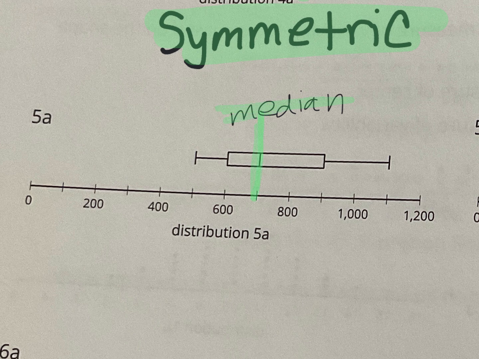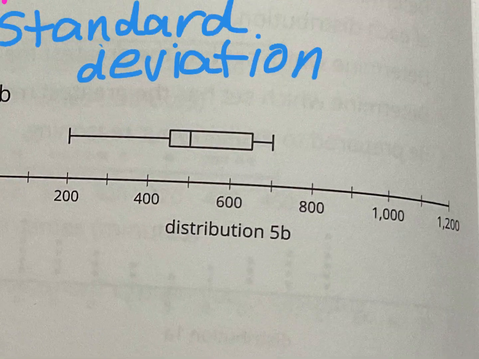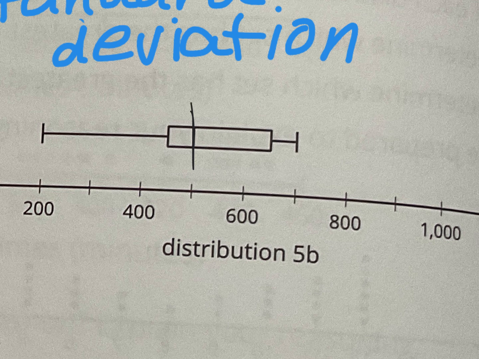And you can tell that on either side of the median, it does not look the same. Same thing for 5B. The median is here, which is the middle, and this is also not symmetric.